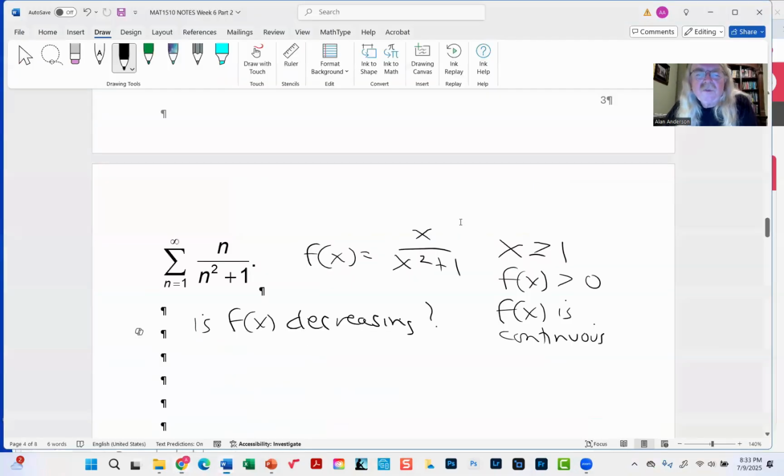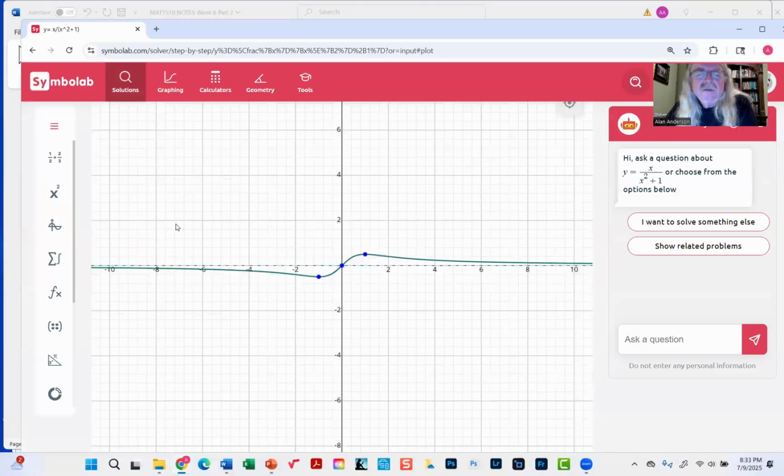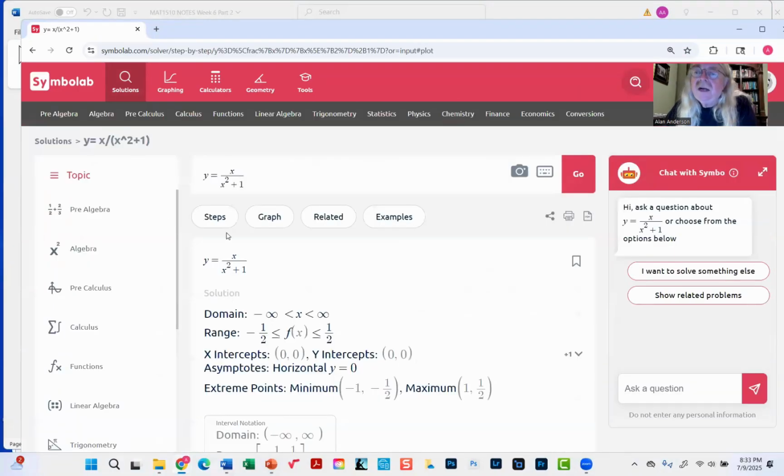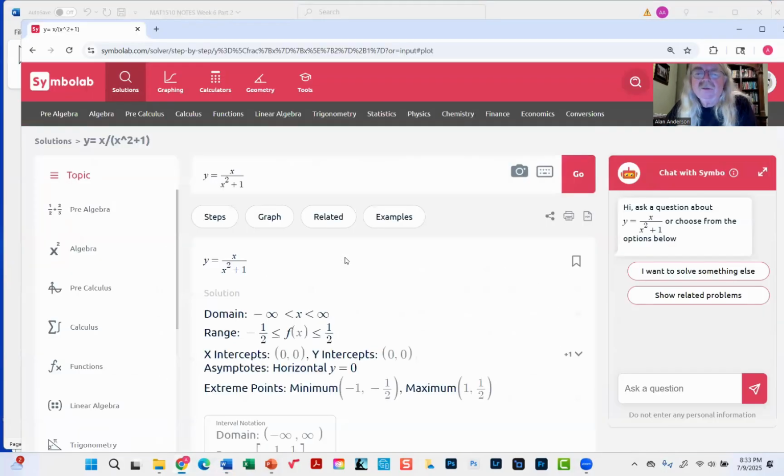Keep in mind, they specifically told us to only focus on x greater than or equal to 1.